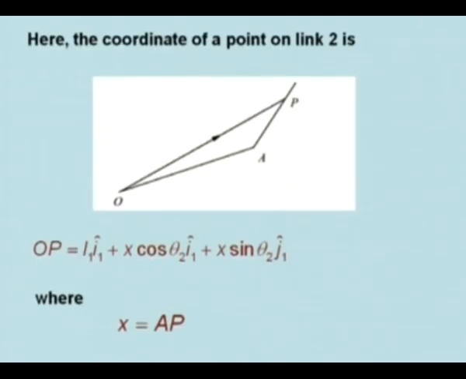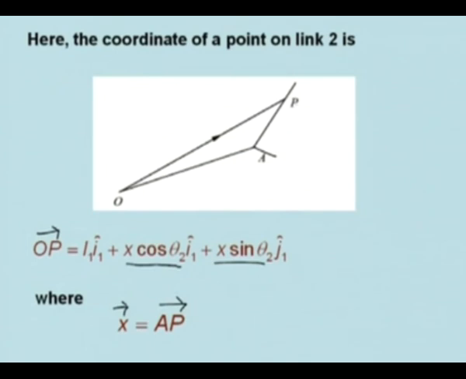That also has to be considered, and that portion is a little complicated to find out, but we will discuss that also. Now about the point O, suppose the coordinate of a point on link 2 is P. So the position vector OP is L1 I1 plus x cos theta 2 I1 plus x sin theta 2 J1, where x is equal to AP.